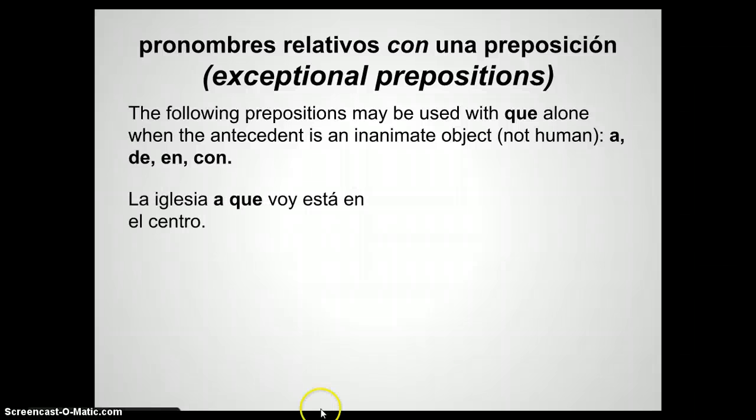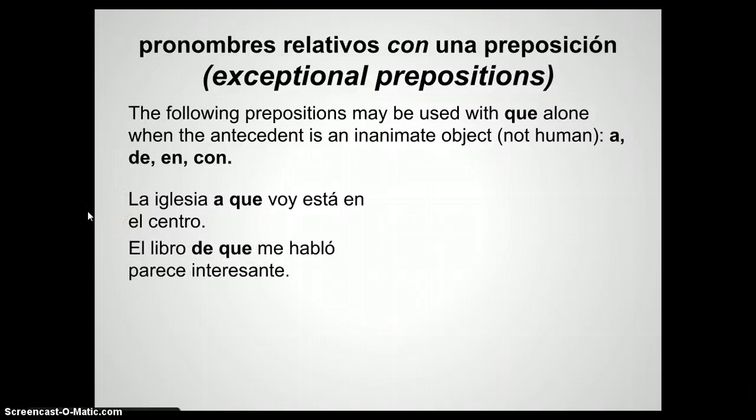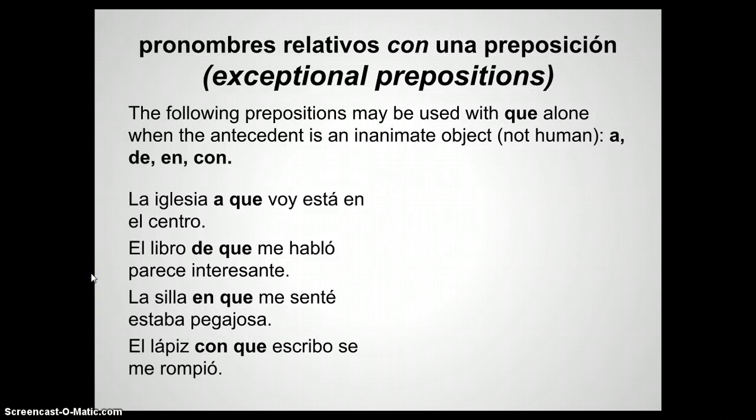La iglesia, notice we have a single noun as the antecedent, a que voy está en el centro. So there we use the preposition a. El libro de que me habló parece interesante. Again, the preposition in between the two. La silla en que me senté estaba pegajosa. El lápiz con que escribo se me rompió.